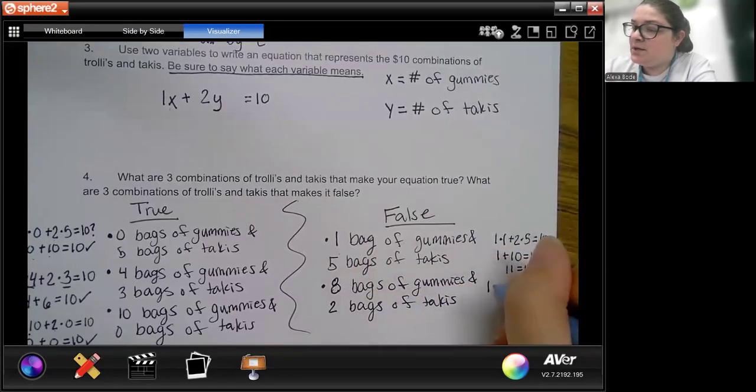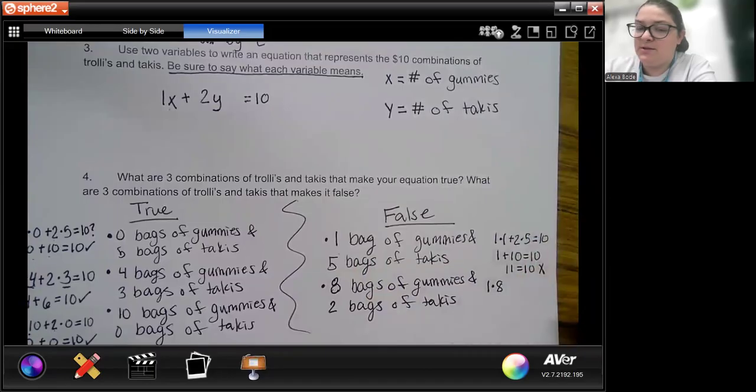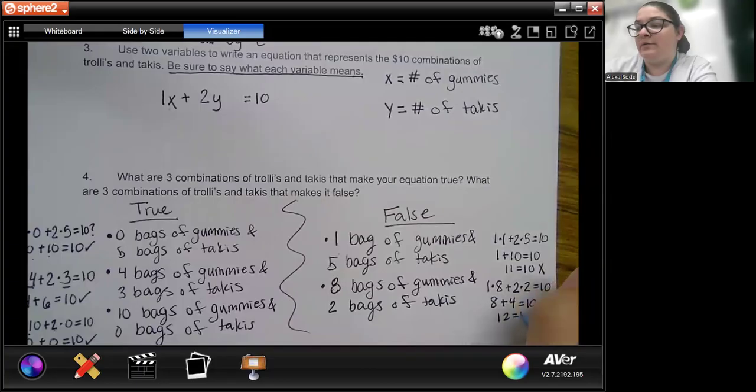I would do $1 times 8 bags of gummies plus $2 times 2 bags of Takis. Does that equal 10? 1 times 8 bags of gummies is $8. Plus 2 times 2 bags of Takis is $4. Does that equal 10? No, that equals 12. So that is not a combination.